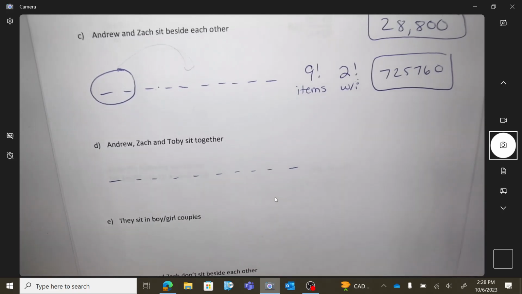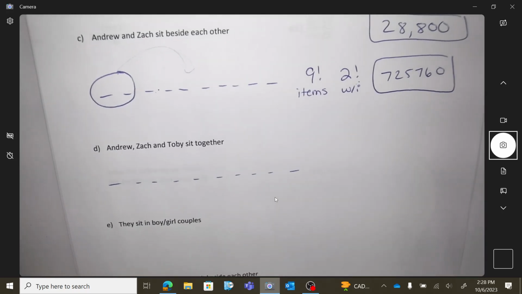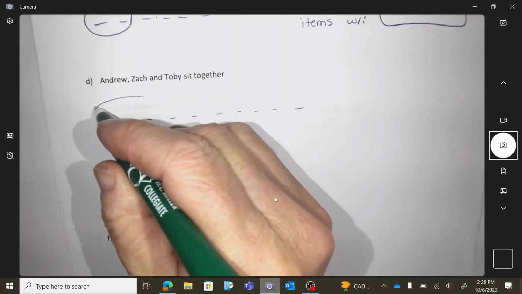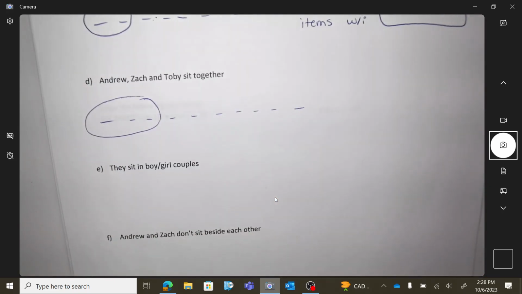Okay, so I want you to do this next question in the same way. But now there's just 3 people that are glued together, best friends sitting together. When they move, they have to move together. Okay, I want you to think about that one on your own.